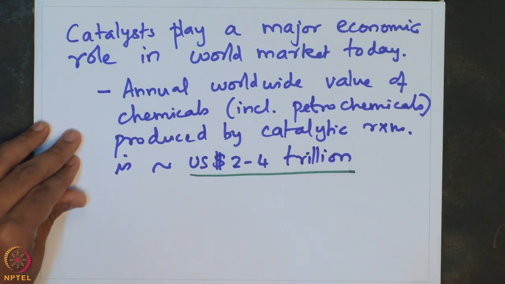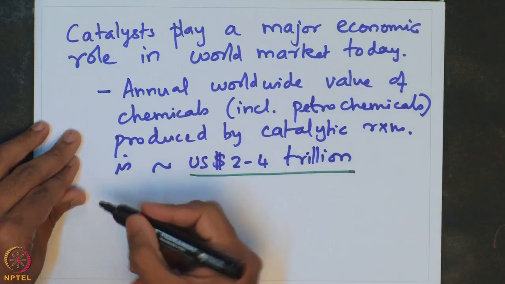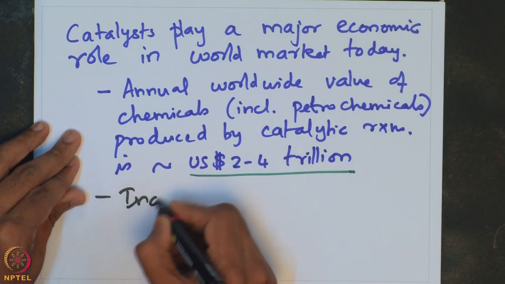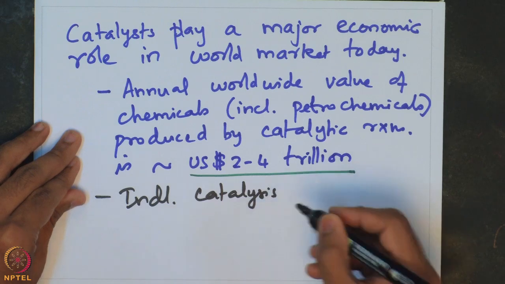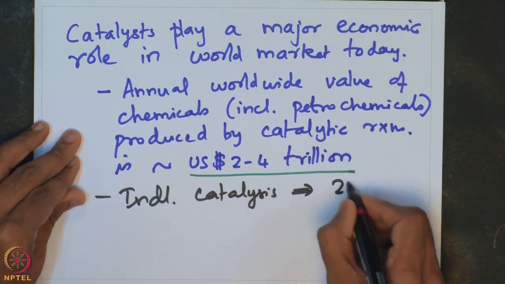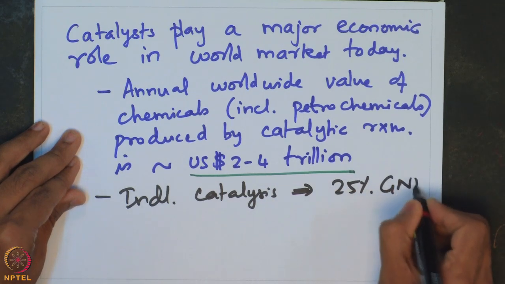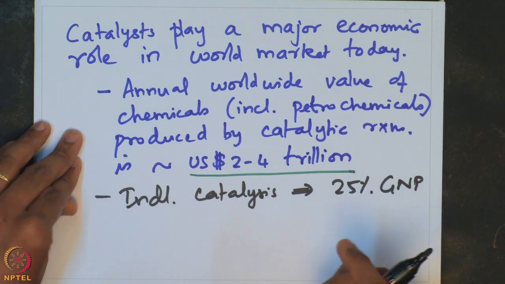And in fact, industrial catalysis actually accounts for 25% of the gross national product for several developed countries.